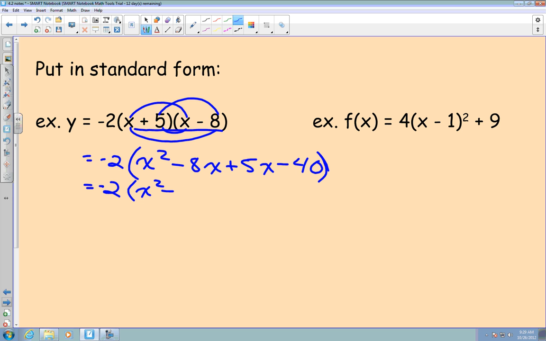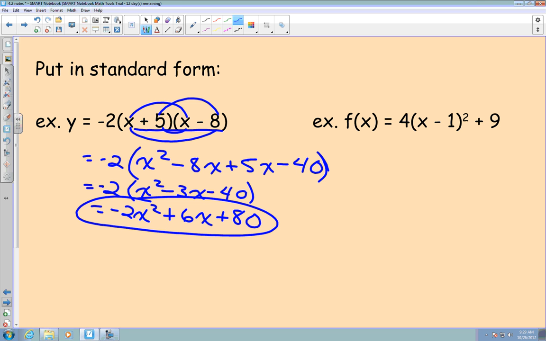Negative 8x plus 5x is negative 3x, minus 40. And now once you've got that all taken care of, now you distribute your negative 2. So I have negative 2 times x squared is negative 2x squared. Negative 2 times negative 3x is plus 6x, and negative 2 times the negative 40 is plus 80.